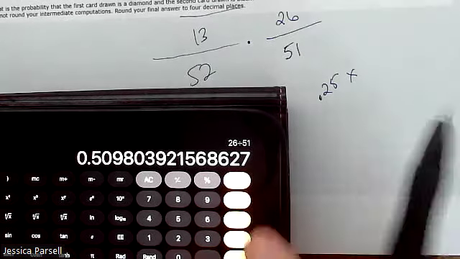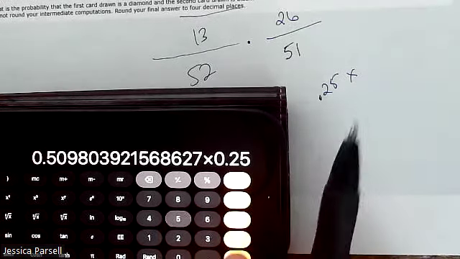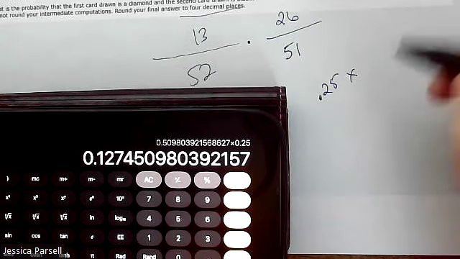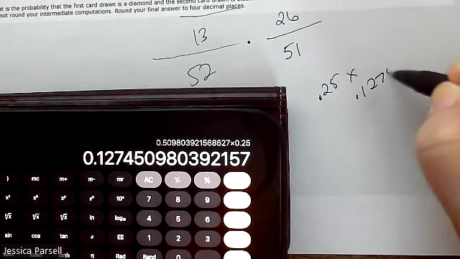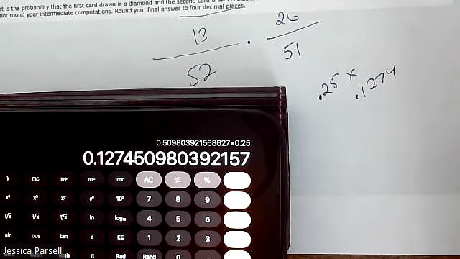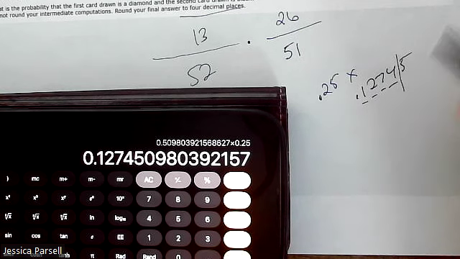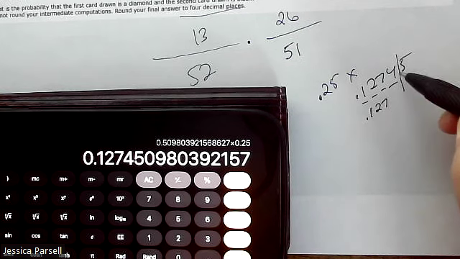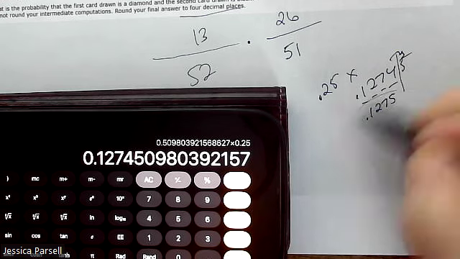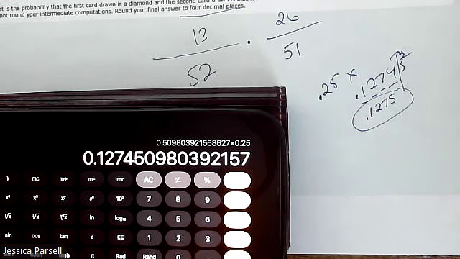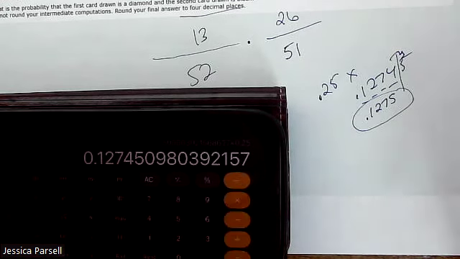So we're going to take that and multiply it by 0.25. So that's going to give us 0.1274. We want to go out to 4 decimal places. So what's after the 4? There's a 5 there. So we round up, 0.1275, or a 12.75% chance that you would select a diamond.